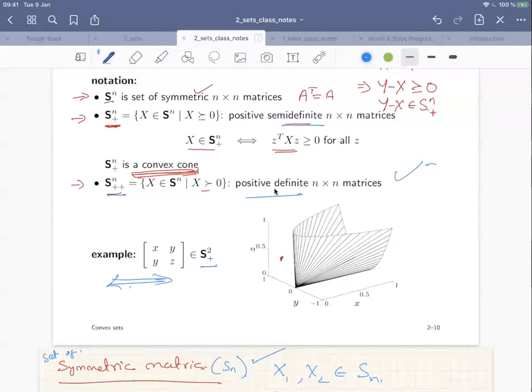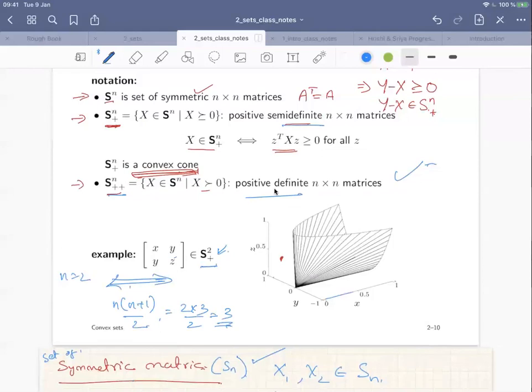Okay, so we already said that any symmetric matrix can be considered as a point in a vector space having n into n plus 1 by 2 dimensions. So here n equal to 2. So that means this is 2 into 3 by 2, which is 3 dimensions, right?